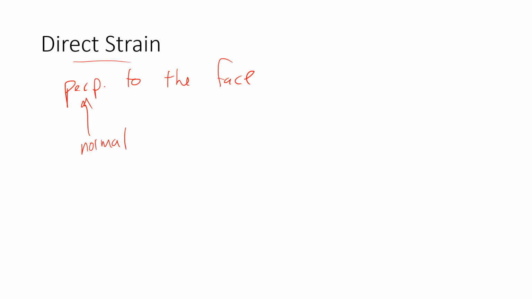So how strain is measured is if you have a box, we'll say, and you're going to pull on the box, what's going to happen is the box is going to stretch just a little bit. All right, so it's going to get just a little bit longer. Now, how much longer it gets is going to be causing strain onto the box.